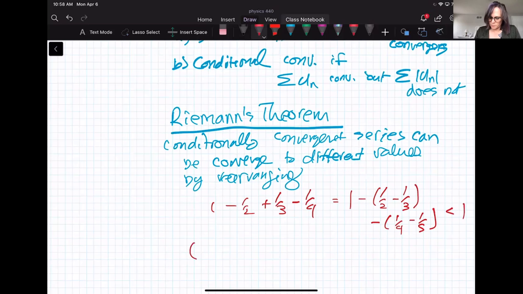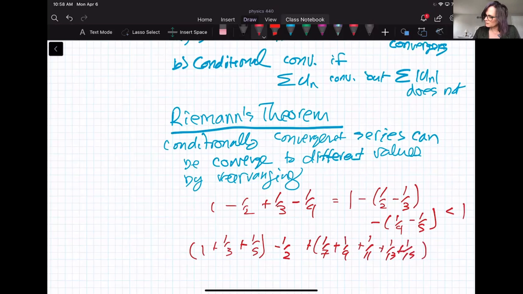Or we could group similar terms, say the odd terms, 1 plus a third plus 1/5, minus a half, plus 1/7 plus 1/9 plus 1/11 plus 1/13 plus 1/15, minus a fourth, and so on.